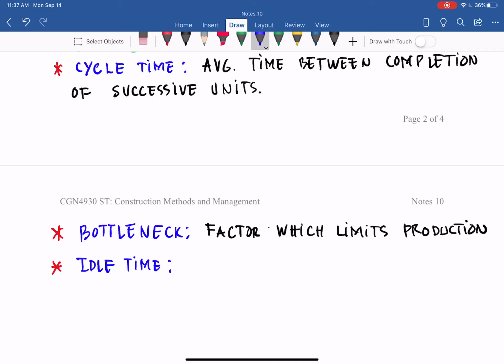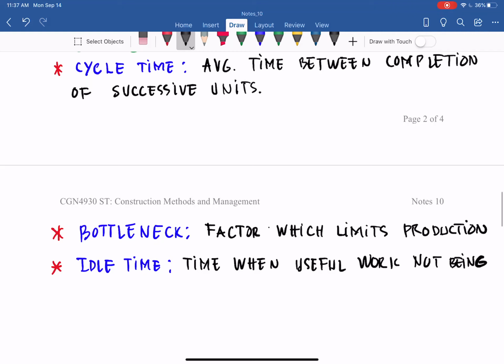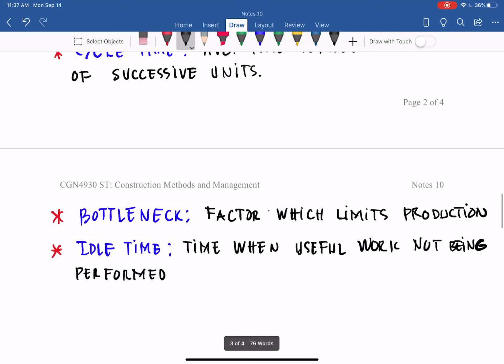We stand, wait, etc. So that we call idle time.